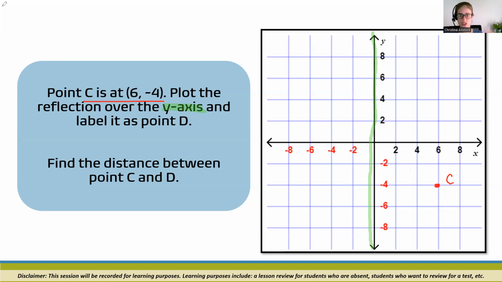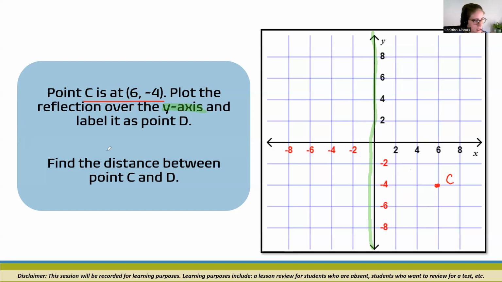And then after we finish this, we'll do an example with the x-axis. So a couple ways that we can do this. If you have a graph and you recognize that I'm flipping it over the y-axis, that's the reflection point, it's going to be symmetrical on both sides. You can honestly count again.